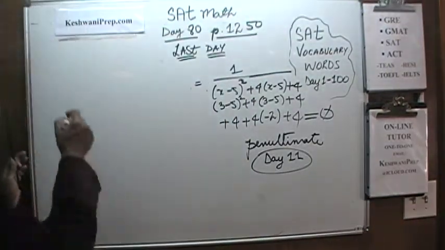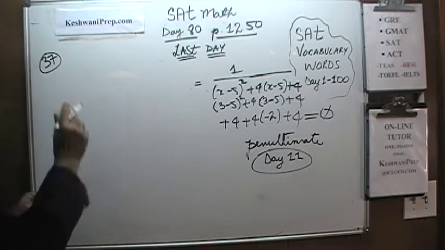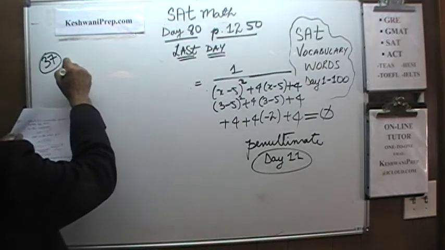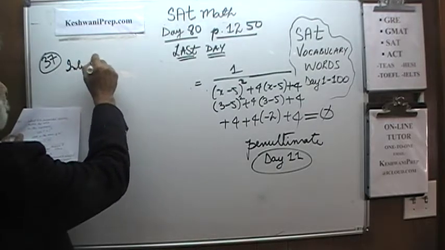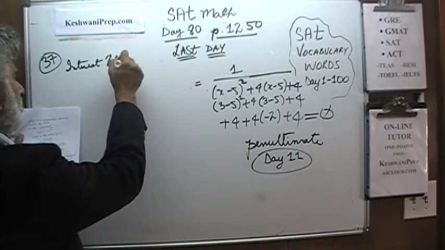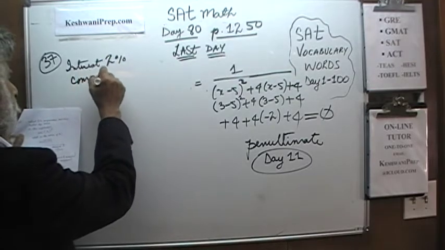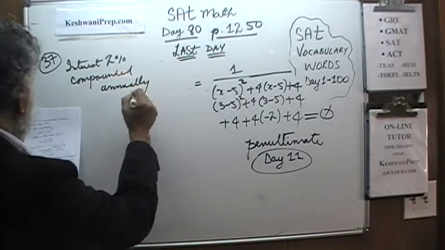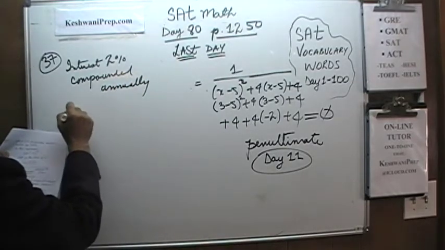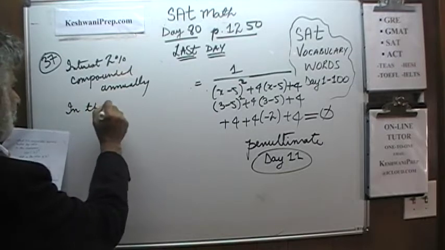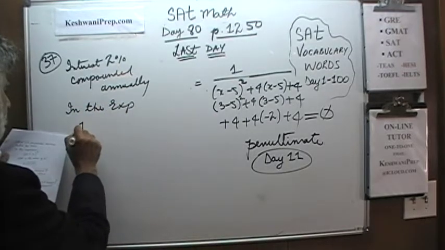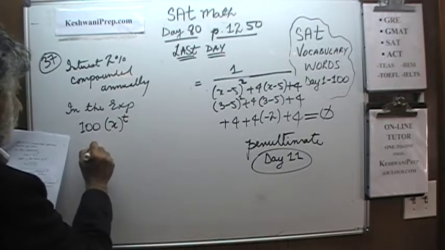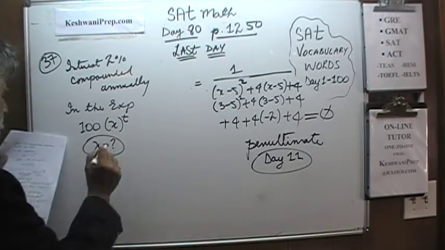Number 37. We are told that the interest is 2% compounded annually. And we are being asked, in the expression 100 times x raised to t, what does x represent?